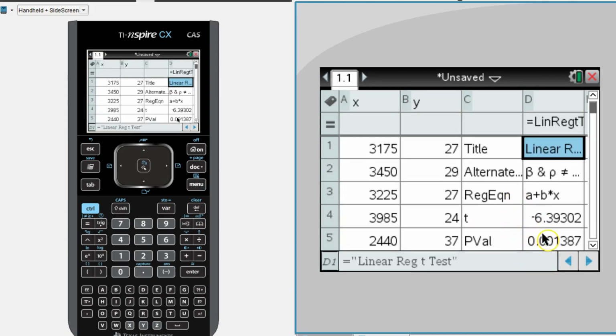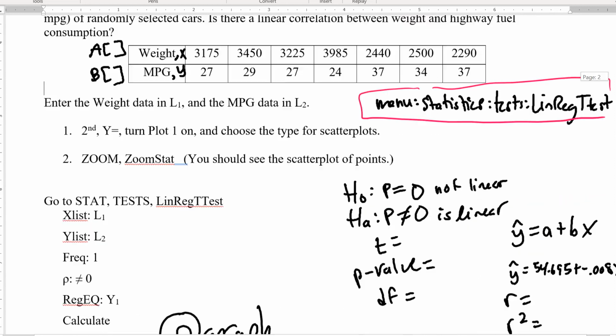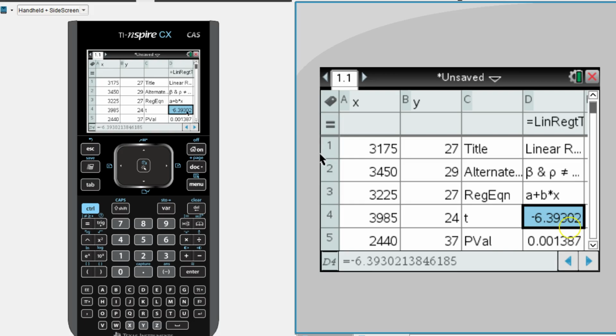So what do we have from this? Well, we have a t-value of negative 6.39. So our alternative hypothesis, a t of negative 6.39. We have a p-value of 0.0014.